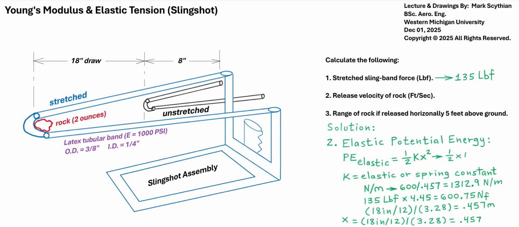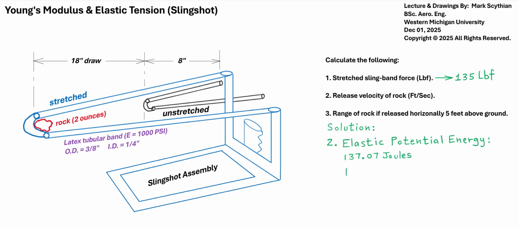When we substitute these in, we substitute 1/2 times 1312.9 times 0.457 squared, and this will translate to 137.07 joules of potential energy in the stretched sling band.